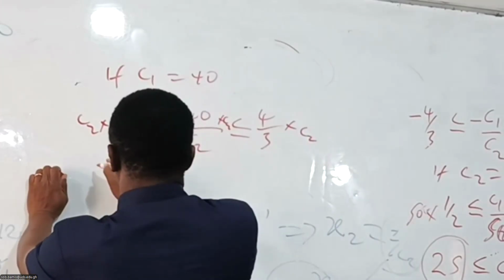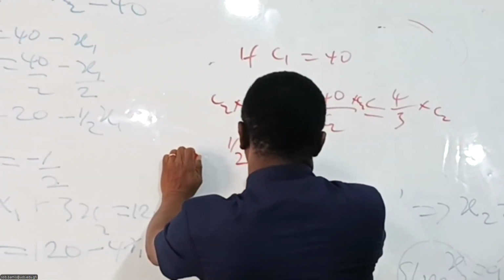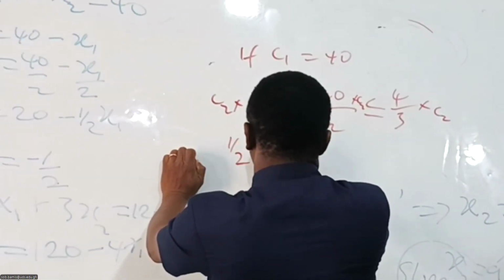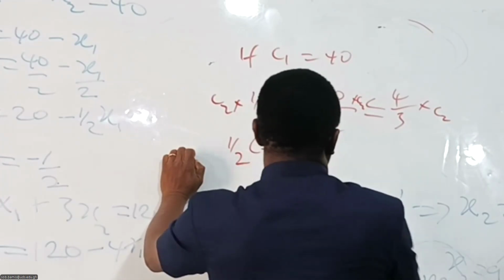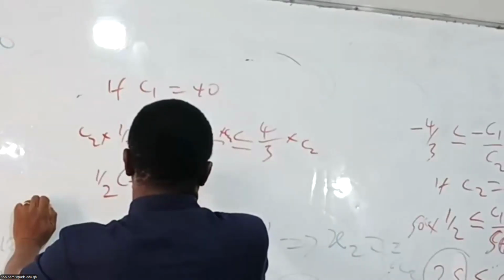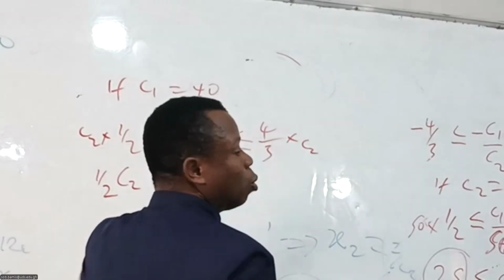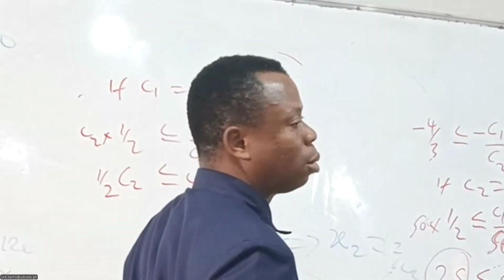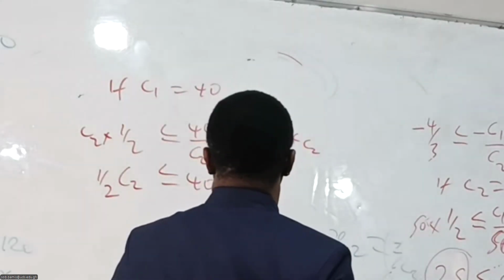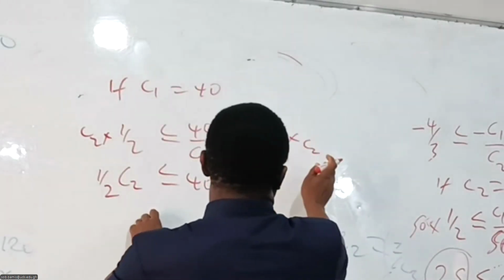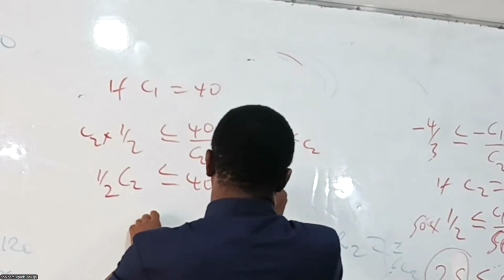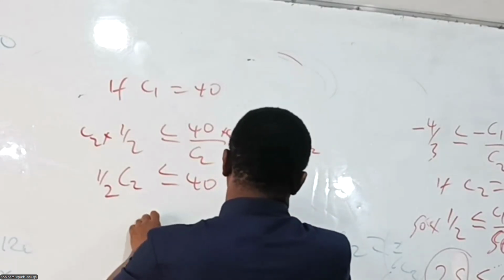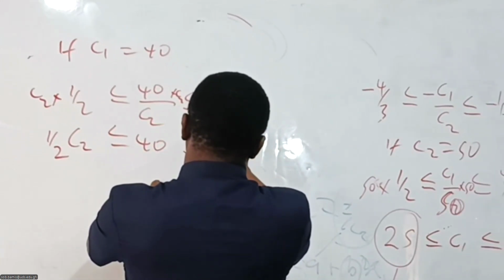So this one will be half of C2, less than or equal to 40. Then this one will be 40 less than or equal to what?